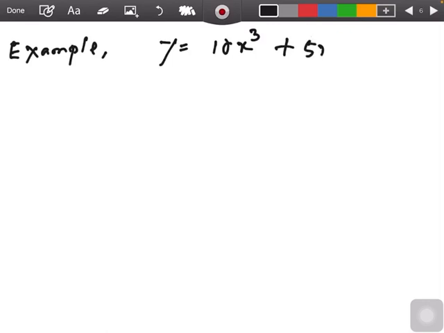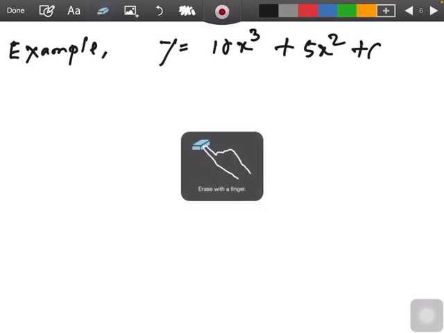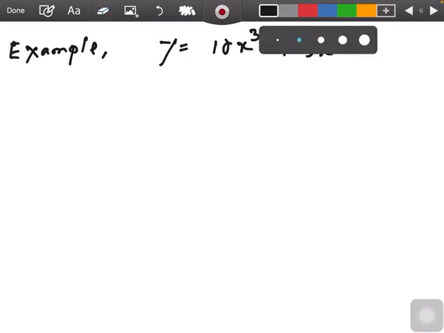Here we are taking one example. y is equal to 10x cube plus 5x square plus 100. Then how can you find derivative here?